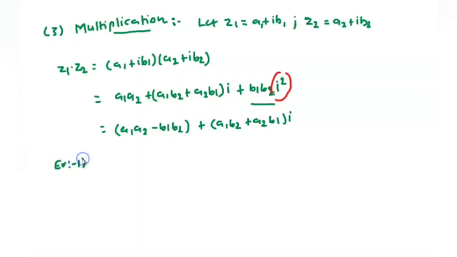Let us see one example. We have Z1 equals 2 plus 3i and Z2 equals 1 plus 2i.